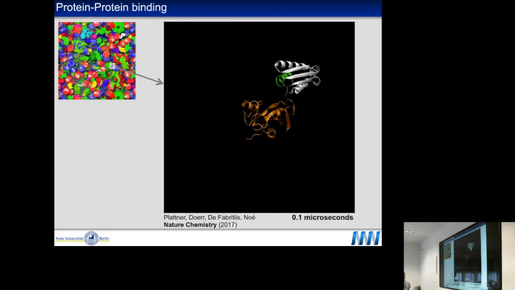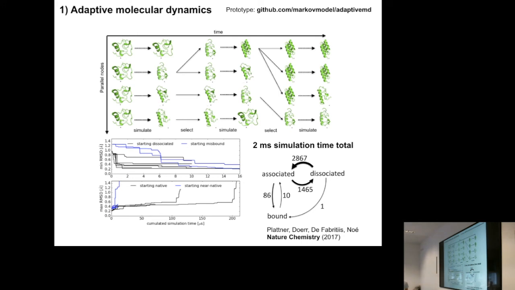So again, this is a 100 nanosecond trajectory, and this just shows you a little diffusion of the 2 proteins towards each other. And so what we did here, or specifically Nuria, what she did here was the following.